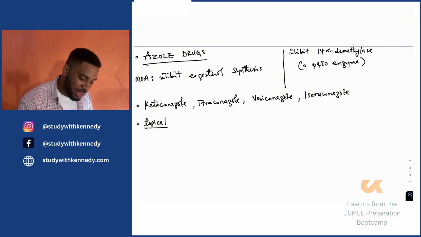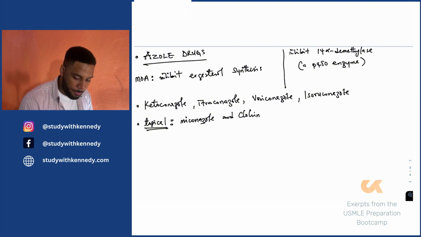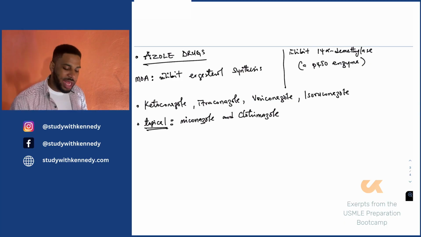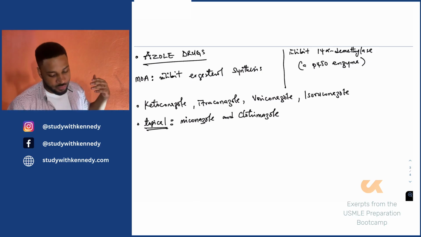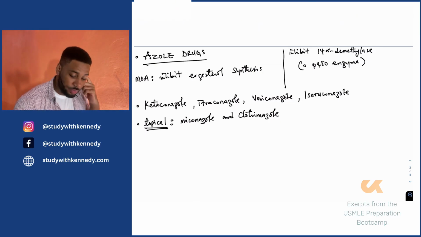We have topical azole drugs, two of them, miconazole and clotrimazole. Miconazole and clotrimazole are topical azole drugs. Other azole drugs will be ketoconazole, itraconazole, voriconazole, isavuconazole, and so on and so forth.